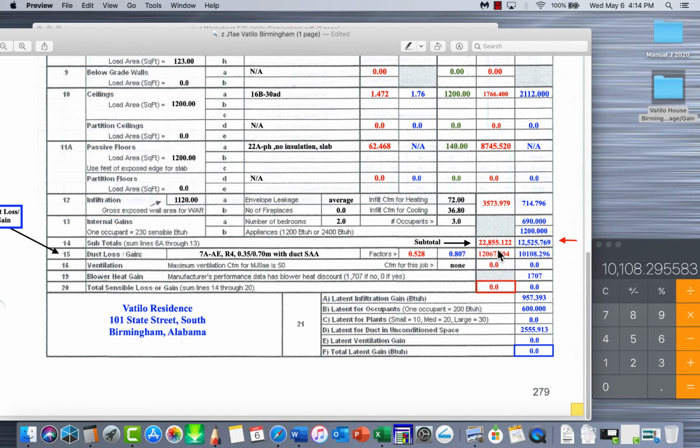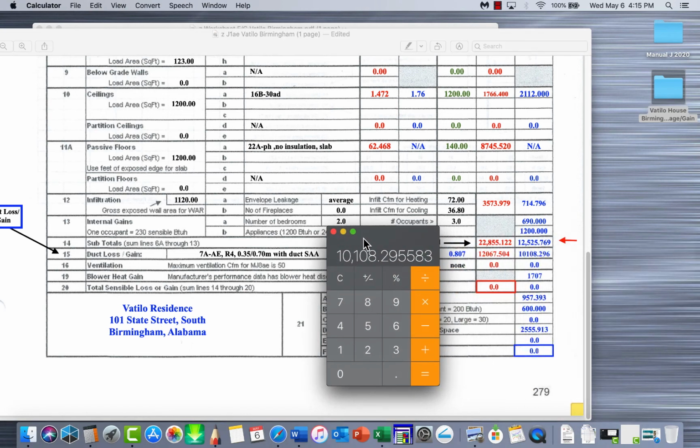Now our final step is add these two together for a total down here. You don't have to add it all the way up from the top all the way down the bottom because we already had our subtotal. So we're going to do 22,855.122 plus 12,067.504 to get us a grand total.